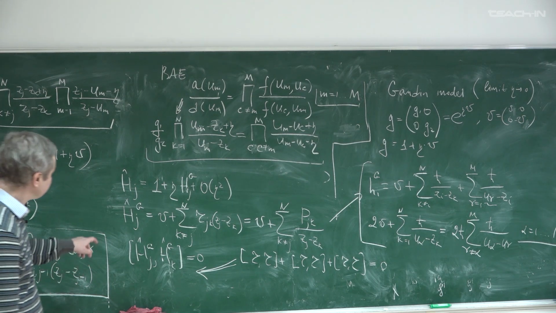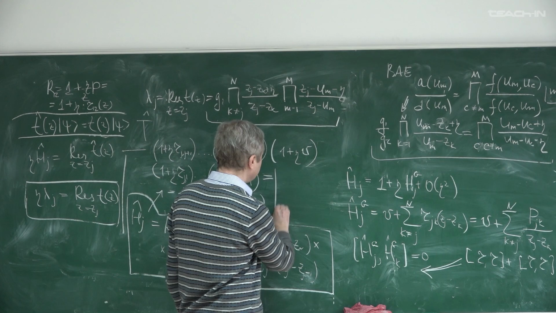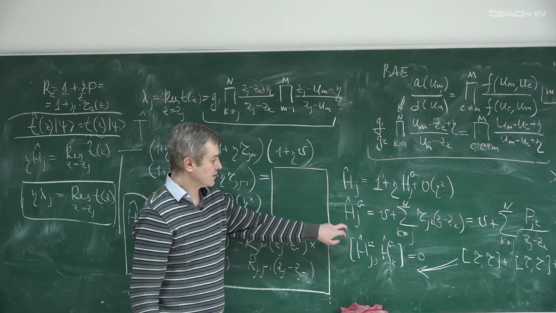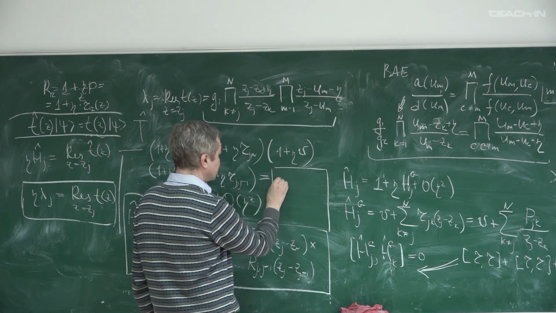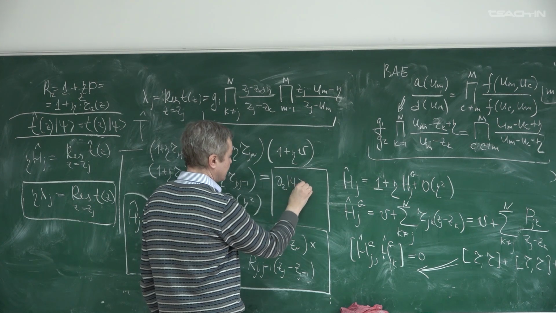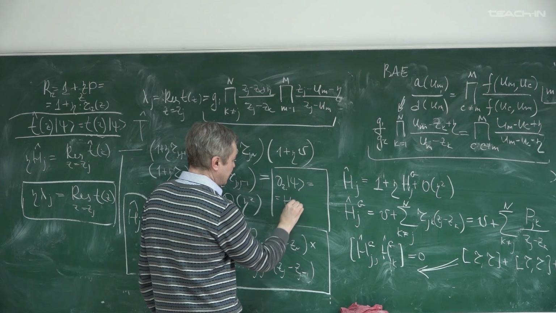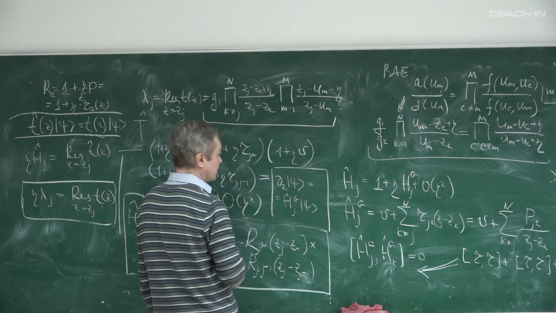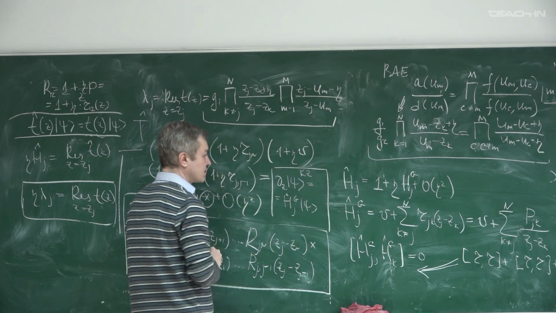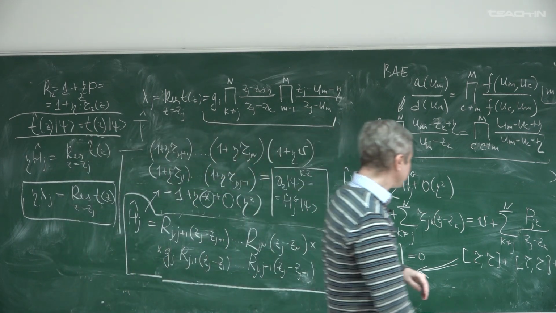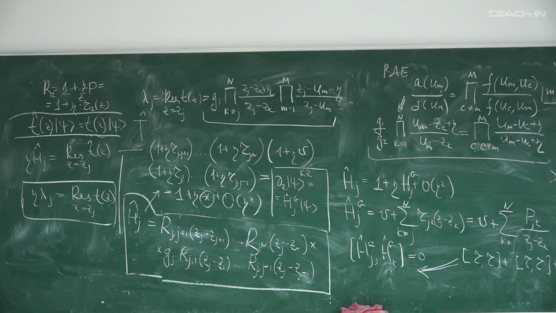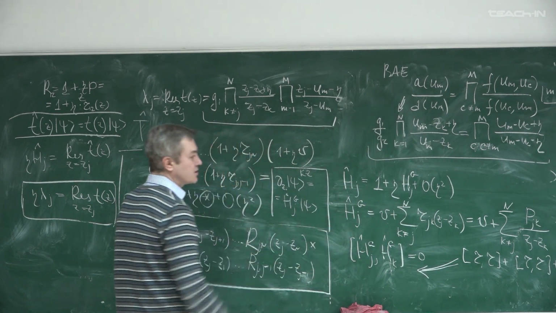I also should comment, and maybe we will discuss it separately, that when you have a set of these Hamiltonians, which are called Gaudin Hamiltonians, you may also consider a set of equations, and this set of equations is known as Knizhnik-Zamolodchikov equations, and they came from the studies of conformal field theories, and it was interesting how they are related to Gaudin models, because here we study a stationary Schrödinger equation.